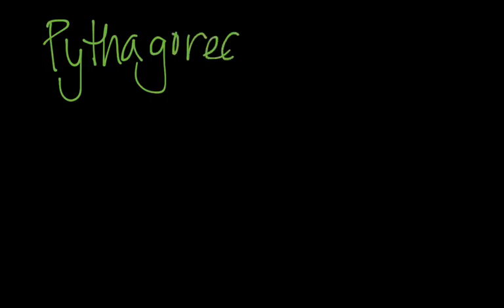So what we're going to take a look at is the actual definition, or we're going to state the Pythagorean theorem. So that's our next step here. So right underneath, I want you to write Pythagorean theorem.